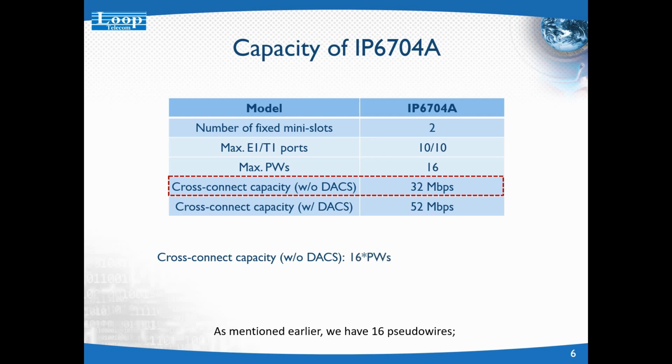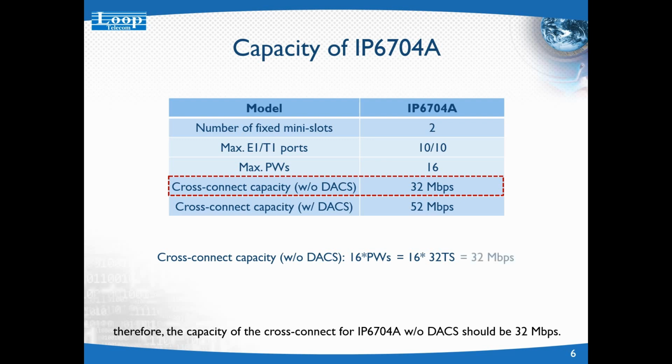As mentioned earlier, we have 16 pseudowires. Each pseudowire has 32 time slots, so here we have 16 times 32 time slots. And each time slot is equal to 64 kilobit per second. Therefore, the capacity of the cross-connect for IP6704A without DACS should be 32 megabit per second.